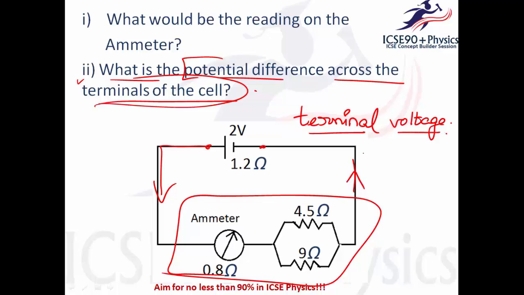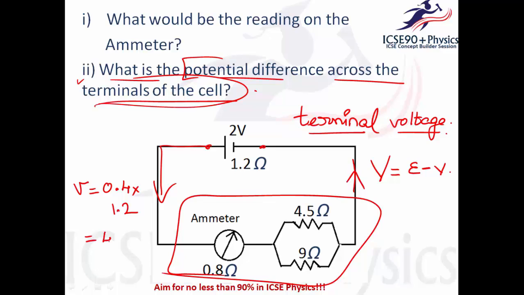How do you calculate the terminal voltage? We know terminal voltage capital V is equal to the EMF minus small v, right? How do you calculate small v? Small v is nothing but the current I, that is 0.4 amperes, multiplied by small r, that is 1.2 ohms.